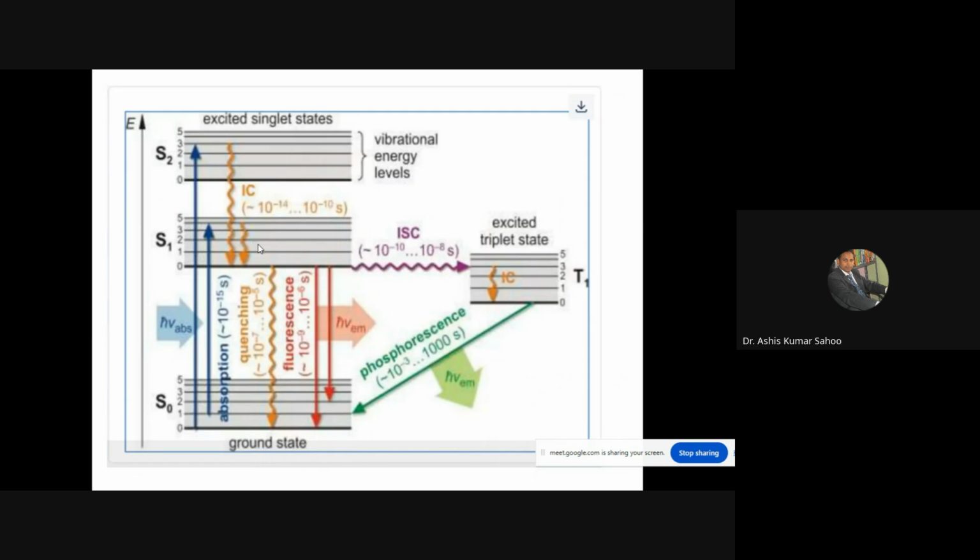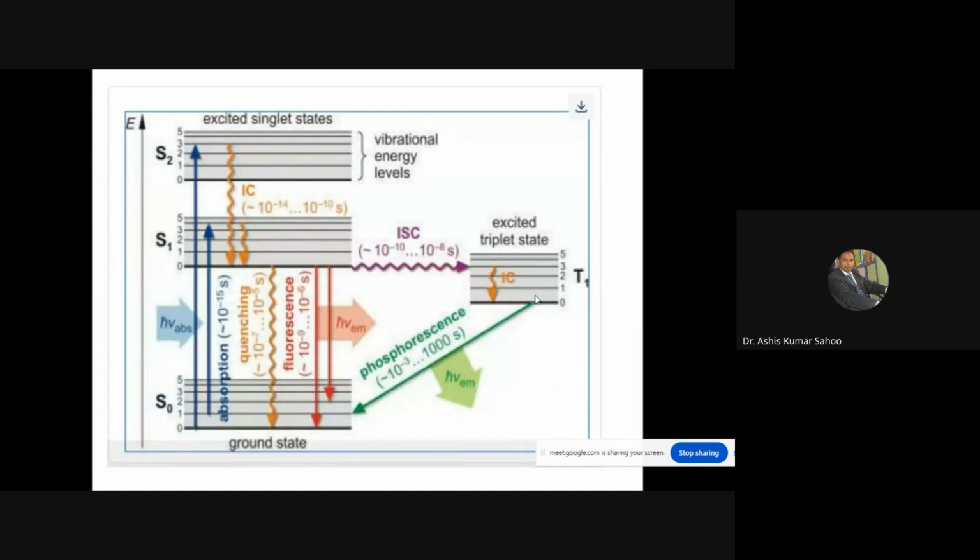If the electron can jump to the triplet state, this is the excited triplet. From the excited triplet to the ground state, this is phosphorescence. The timing is 10 to the power minus 3 second to 1000 seconds. So you can imagine that after removal of light, it can still emit the energy.